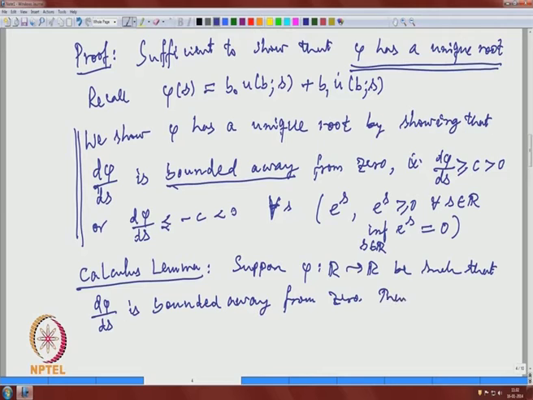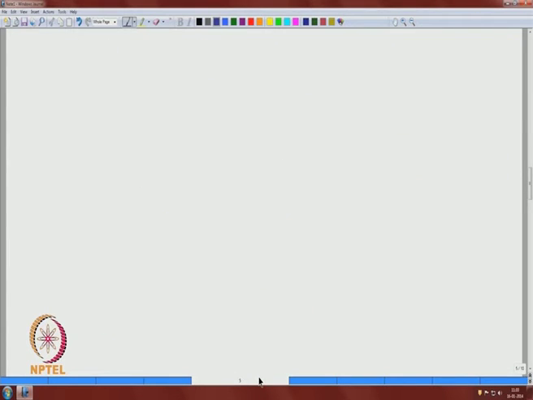So, then there exists unique s star such that phi of s star is 0. Okay. So, it is a very simple thing. It is not hard to see that. Okay. Now, coming back to the proof. So, you have to establish that d phi by ds is bounded away from 0.